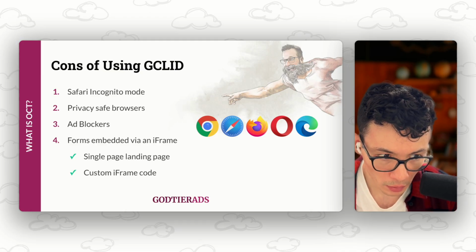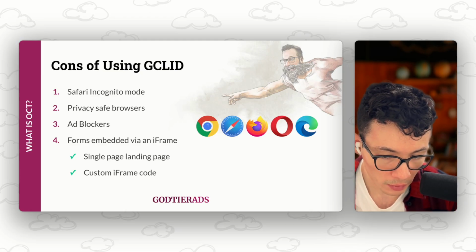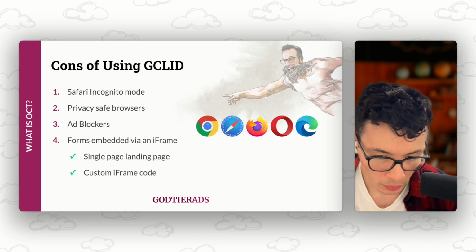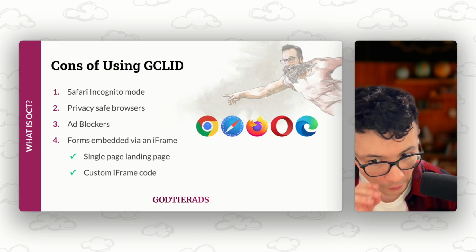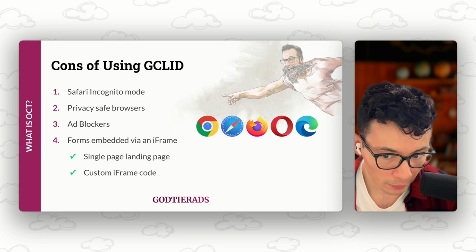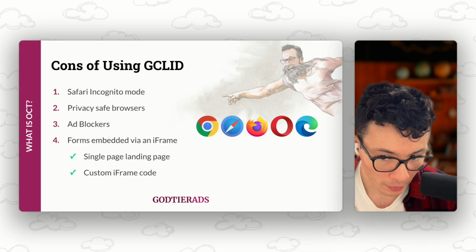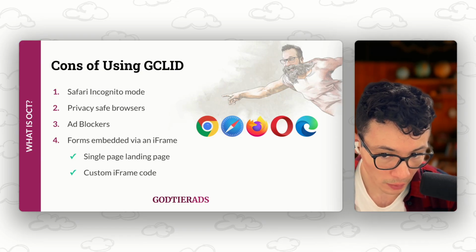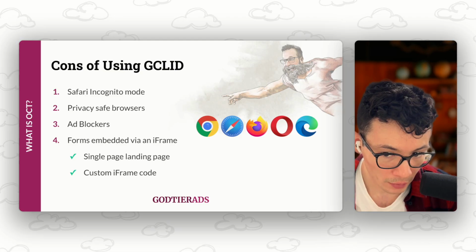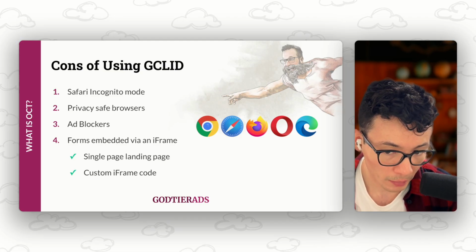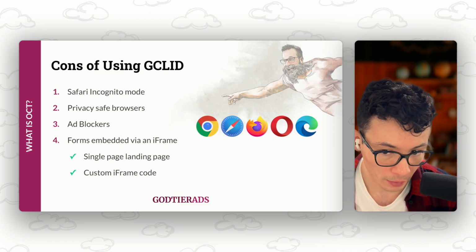Second method, which is a lot more complicated, is to get some custom iframe code. You would likely have to find some type of web developer or someone very familiar with iframes, but you would essentially want to take the Google Click ID value, store it in a cookie or in local storage, and then make sure that when the iframe loads again, even if they're browsing different pages, once they go back to the page that has the form, the iframe can somehow pull the stored Google Click ID value and push it back into the iframe code.